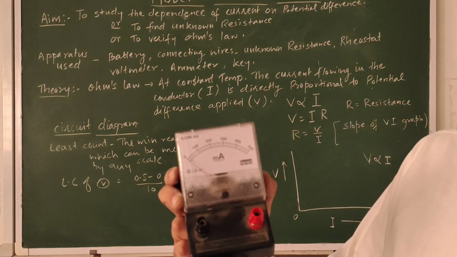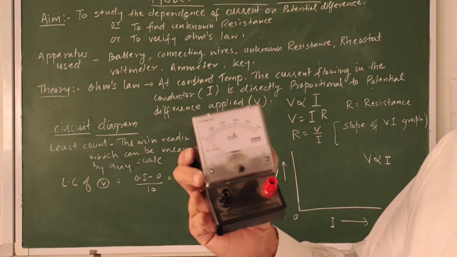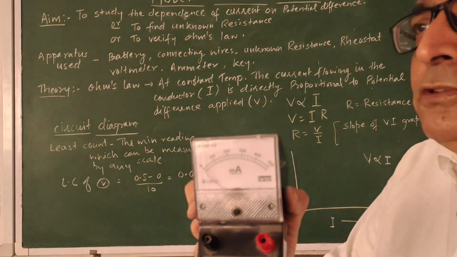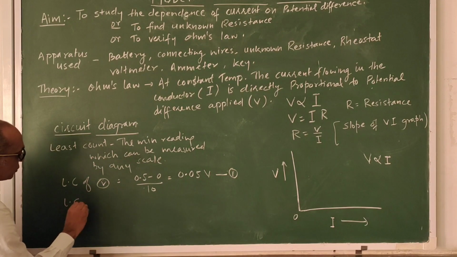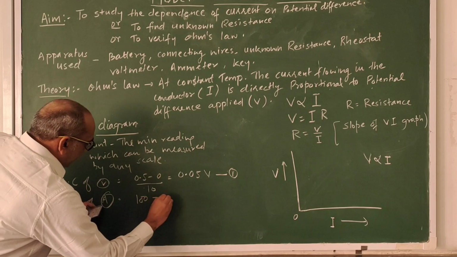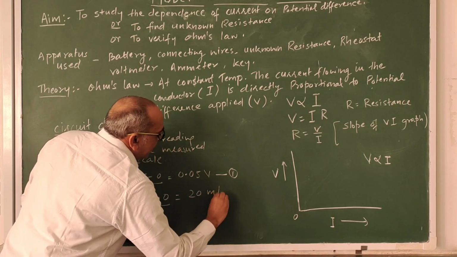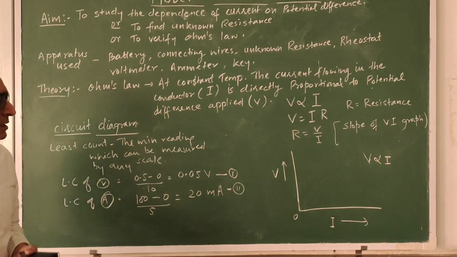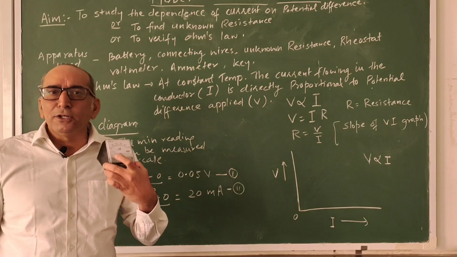The next bigger division is 100. Between 0 and 100, there are 1, 2, 3, 4, 5 small divisions. So we have to find the value of one small division. So least count of our ammeter, 100 minus 0 upon 5, that is 20 milliampere. Now we are ready for taking the readings. We have come to know about how to take the readings from these meters.